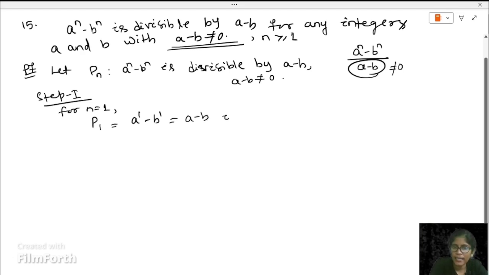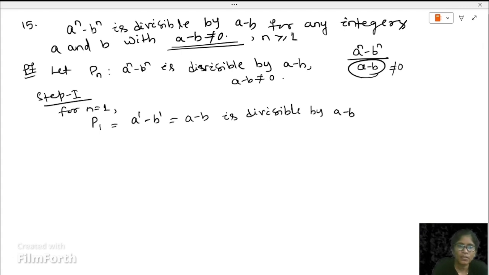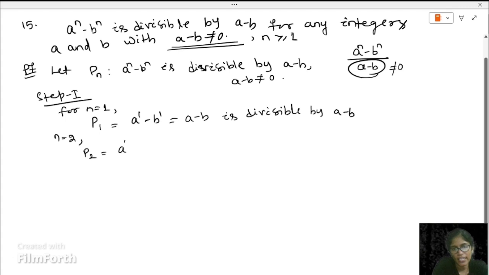We know that a minus b is divisible by a minus b, because a number is always divisible by itself. Now taking n equal to 2, P2 is equal to a square minus b square, which by the formula is a plus b into a minus b.